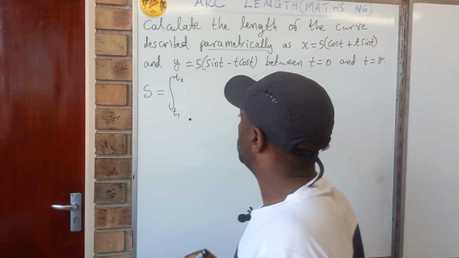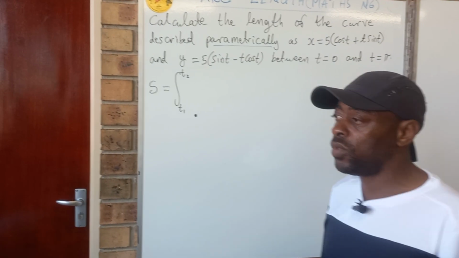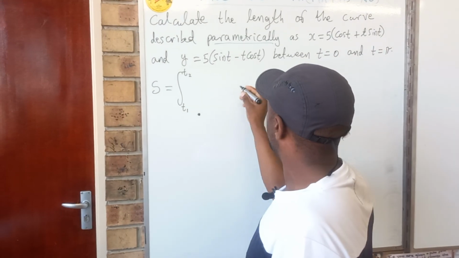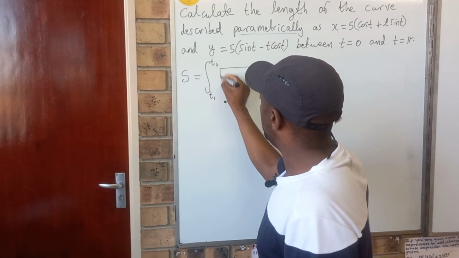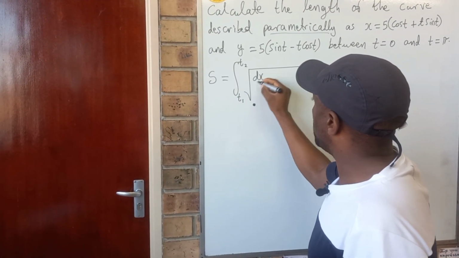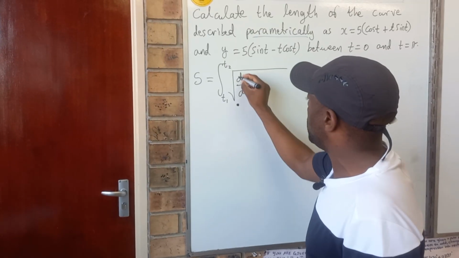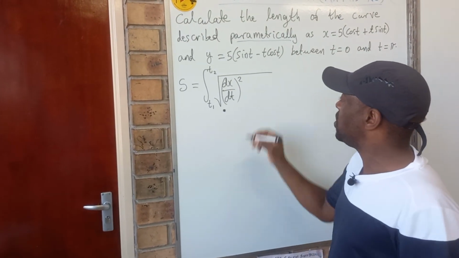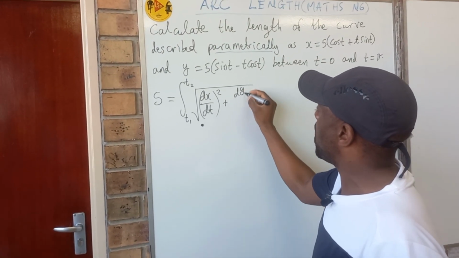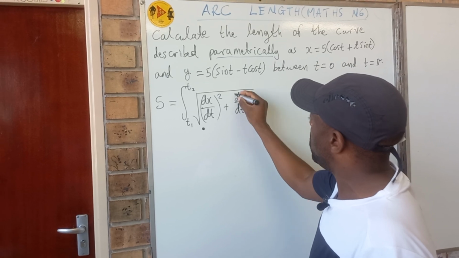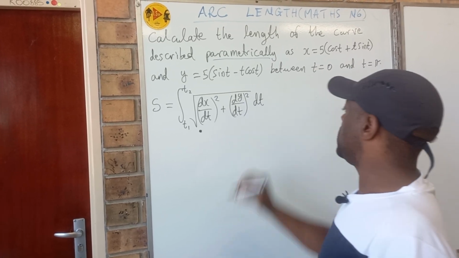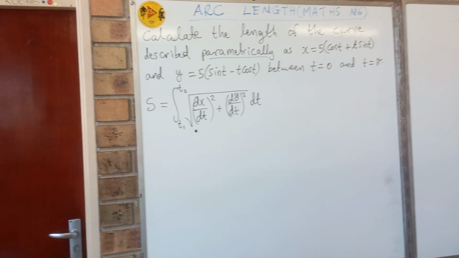In your formula sheet, you will see u1 to u2 because the formula sheet is using the variable u. Then you have dx over dt, all that square, where the formula sheet will have du there, plus dy over dt, all that square. Then I end with dt, which in the formula sheet will be du.